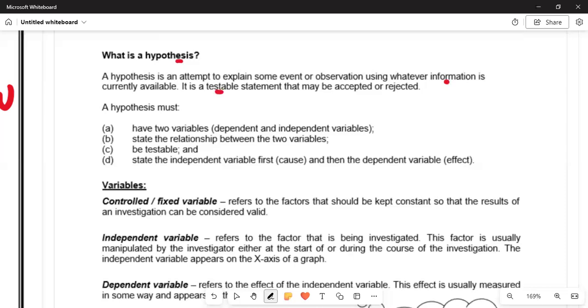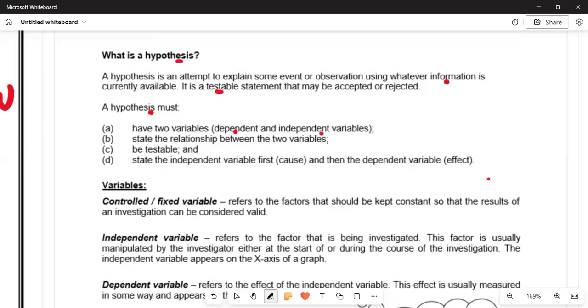It must have two variables, a dependent and an independent variable. One example we can use right now: you as learners are the dependent variable, because you depend on your parents to pay the fees and to ensure that you are also living with a supporting structure. That is one of the key examples that we can use.